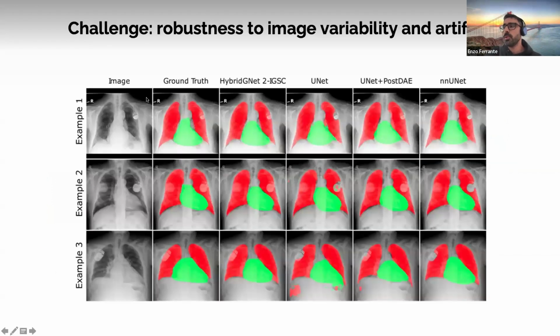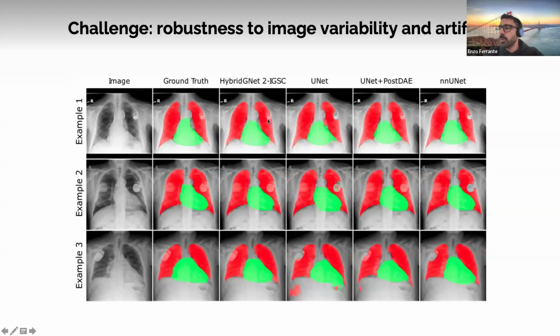For example, if you look here, these are the images we are trying to segment. This is the ground truth you would be expecting to get. And these are different results you are getting with, for example, the classical nnU-Net trained on the same data set, or the classic U-Net. And this is the result you are getting with our model. The nice thing about the hybrid GNet is that it is really consistent in terms of anatomy. So you get segmentations that are very consistent.